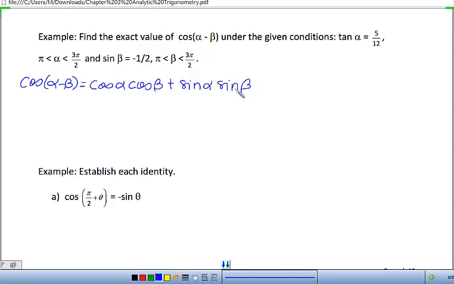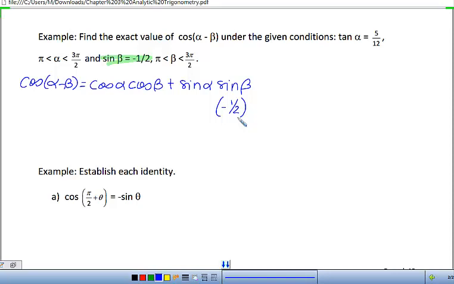Okay, and so we're going to first use any given information that we might be able to. We were given that sine of beta is equal to negative 1/2. Okay, but that's the only thing that we can plug in right now based on the information that was given.